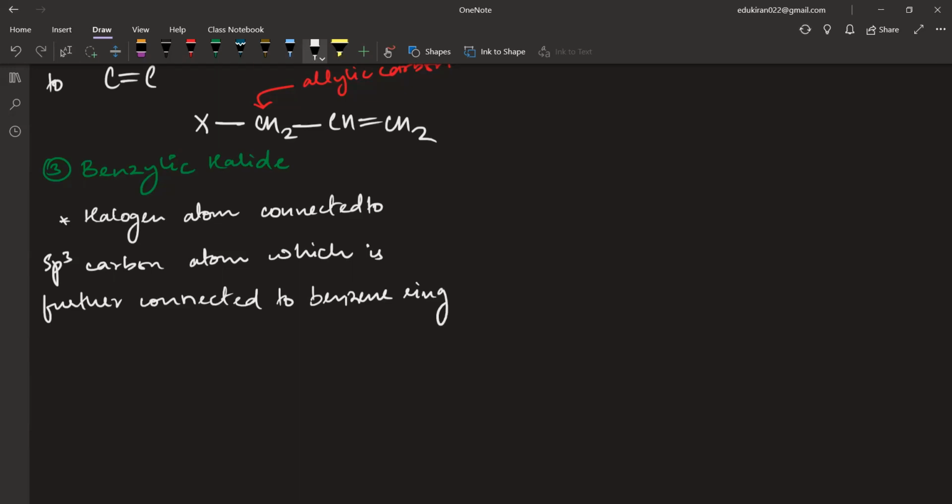Carbon. Very good. So we have halogen X connected to sp3 carbon atom CH2, which is further connected to a benzene ring. Okay, there can be examples like this also: F, CH2, and there is another CH3 here. Okay, so all of these will be examples of benzylic halide only.